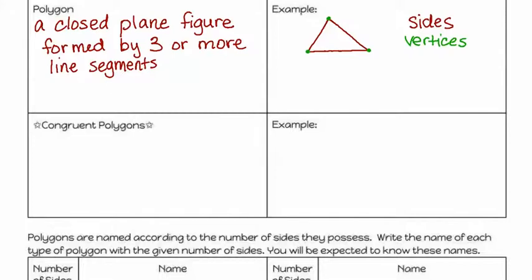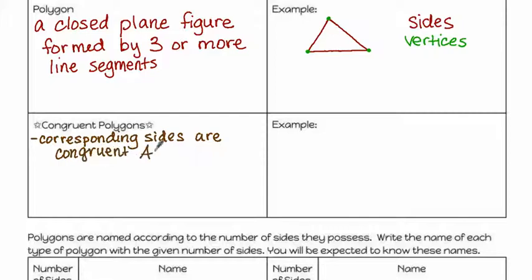Congruent polygons. Notice this is one that you've got to have memorized, hence the little stars. Congruent polygons have two requirements. Their corresponding sides are congruent, and that's an important one, which is why I've got it in uppercase letters, corresponding angles are congruent.